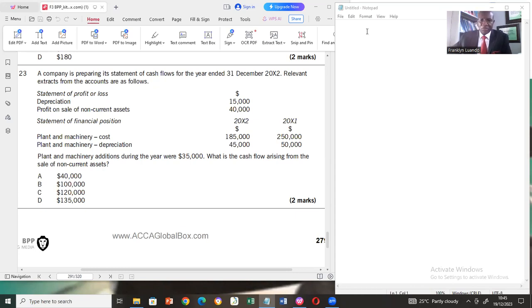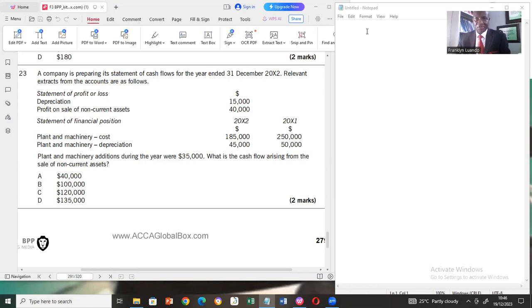In today's video presentation, we are going to look at one element of cash flow statements, and that is how to prepare the PPE account. The property, plant, and equipment account must always be prepared when you are dealing with the statement of cash flows.